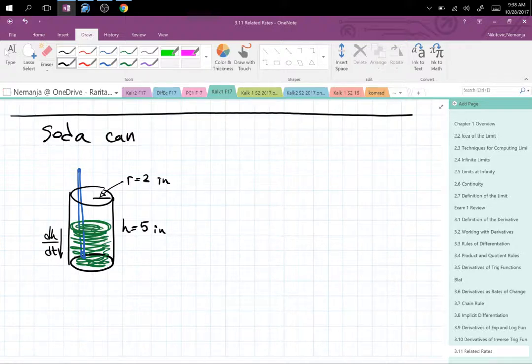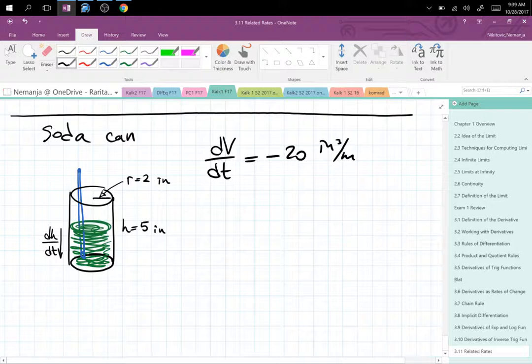Two inches cubed. That's 20, that was nice. So 20 cubic inches. So let's say you will take a sip every minute, whatever. So we have dV dt is equal to negative 20 inches cubed per minute. And this is how you mathematically say that you're drinking from the can.